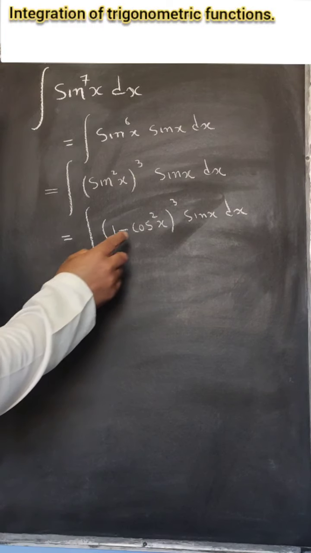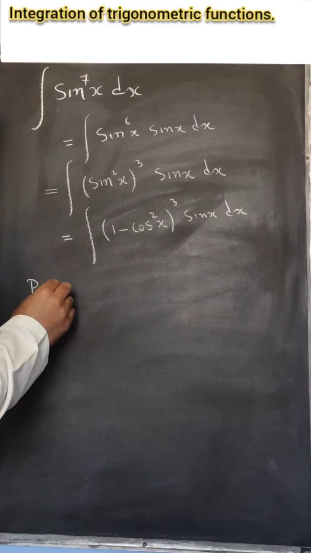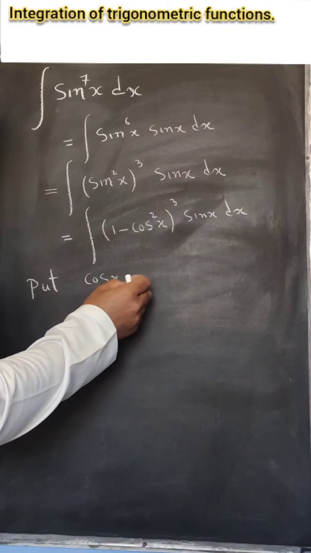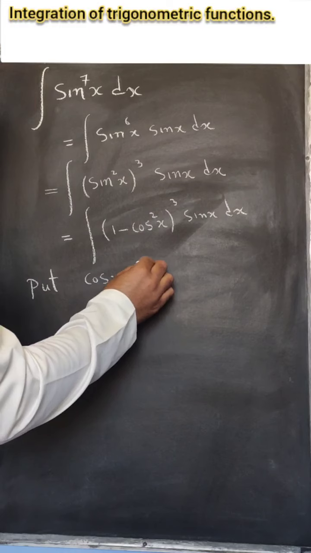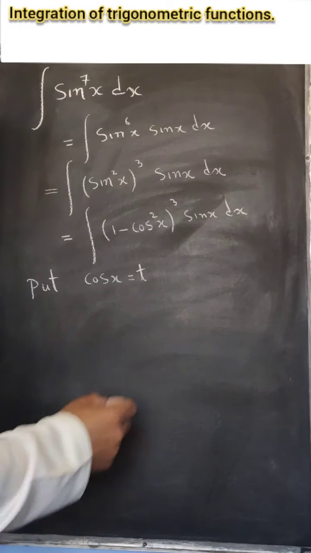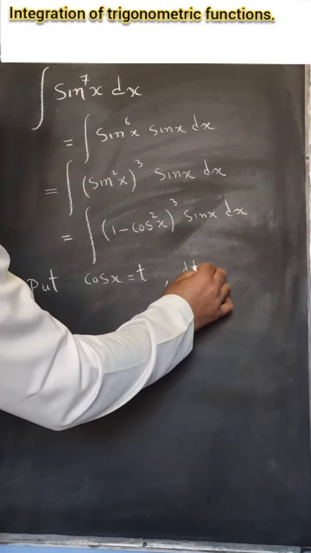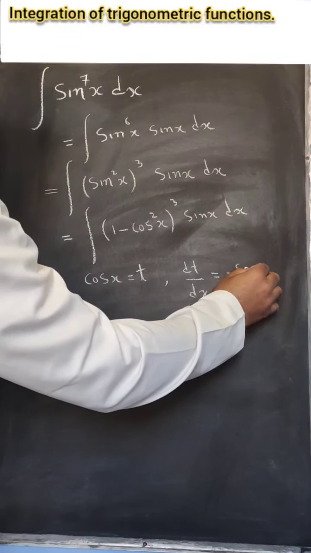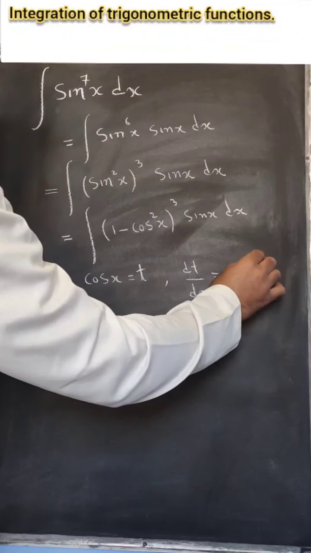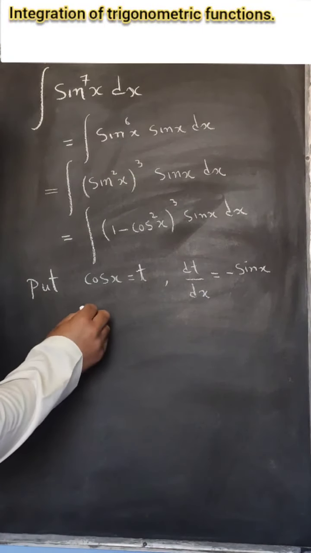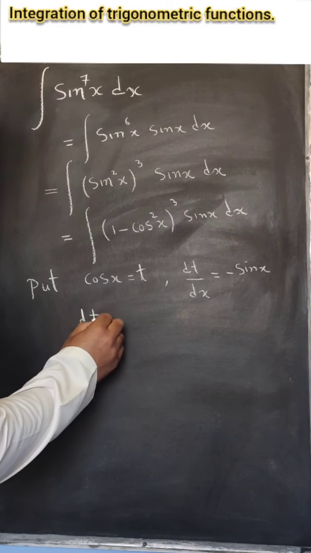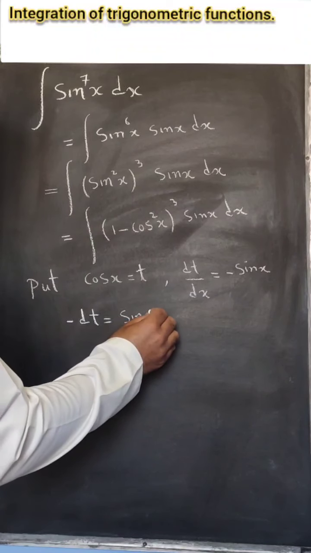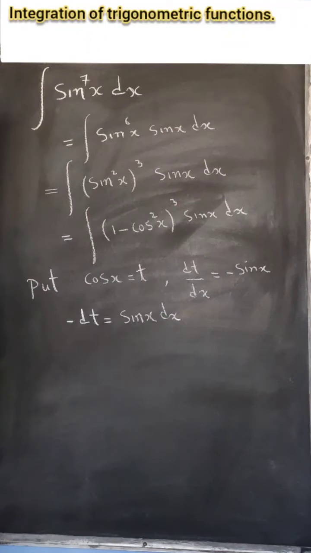Now we put cosine x equal to t. Differentiating t with respect to x, we get dt by dx equal to minus sine x, as differentiation of cosine x is equal to minus sine x, or we can write minus times dt is equal to sine x dx.